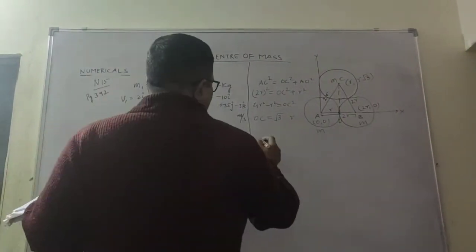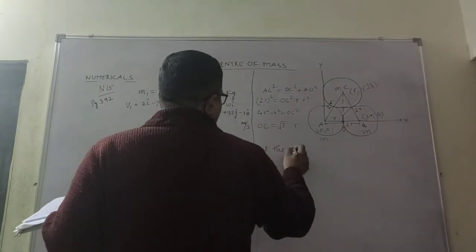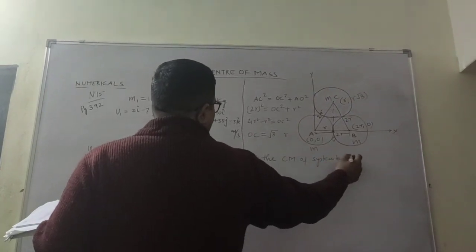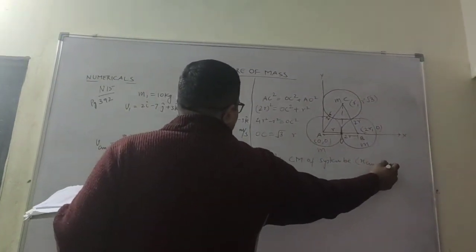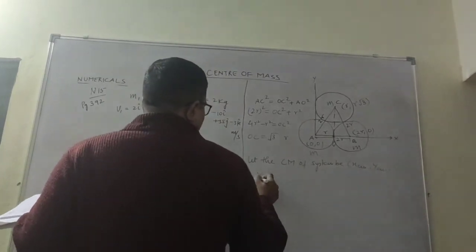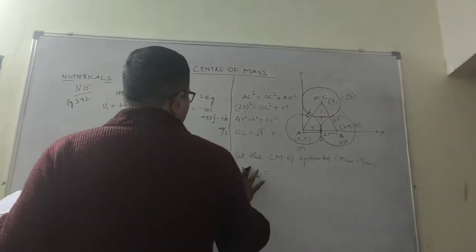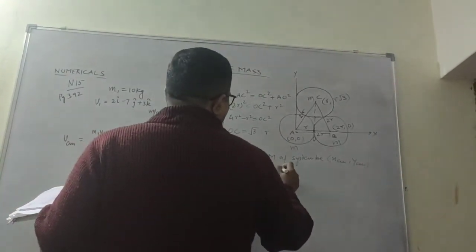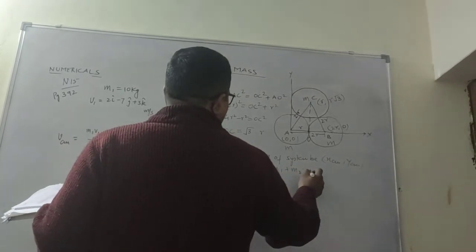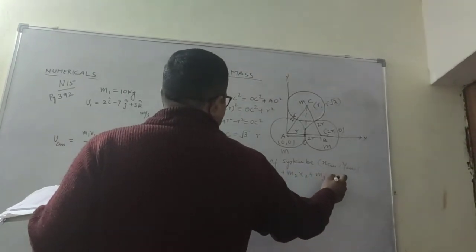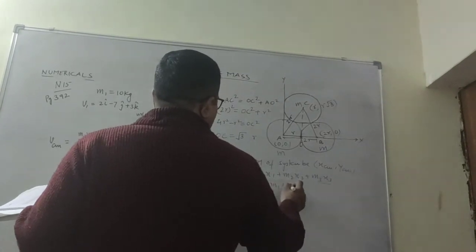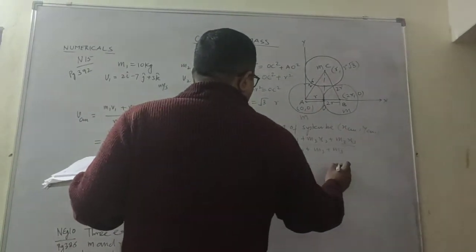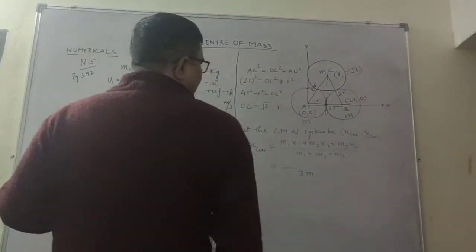Now let the center of mass of the system be xcm, ycm. So here xcm is (m1x1 plus m2x2 plus m3x3) upon (m1 plus m2 plus m3). So on the denominator side it is 3m because mass is identical.